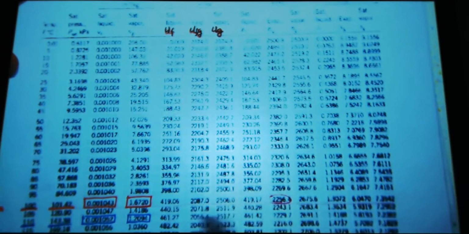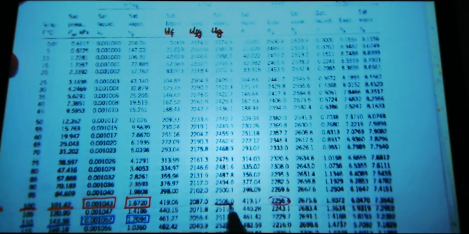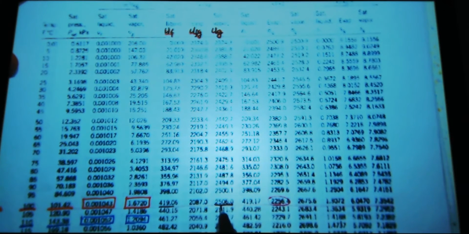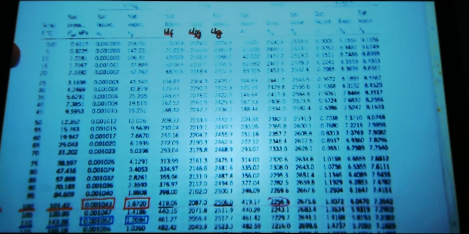So I have 419, I have 2500. If I take this, subtract this, that's what I get. This is the width of the curve. So if I plot temperature versus U, then I get a bell curve.